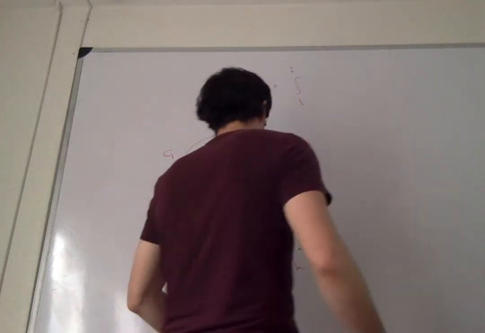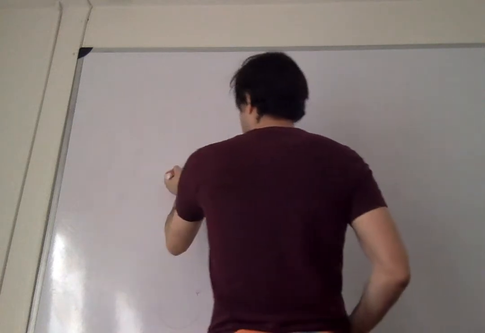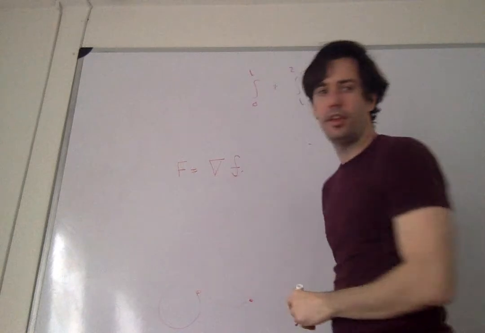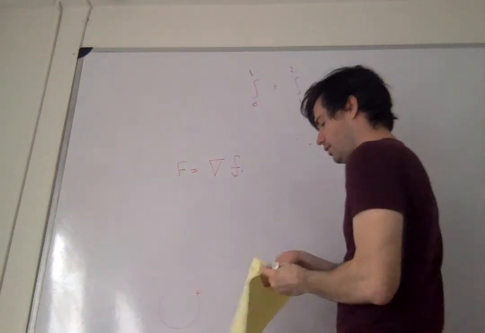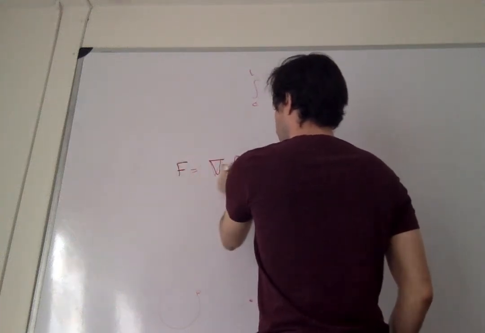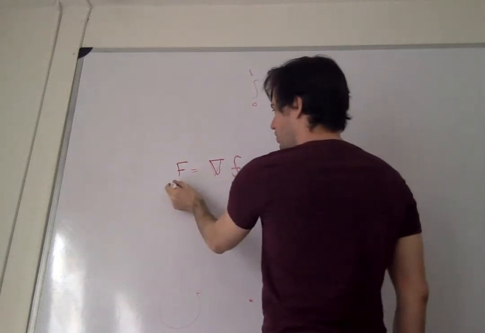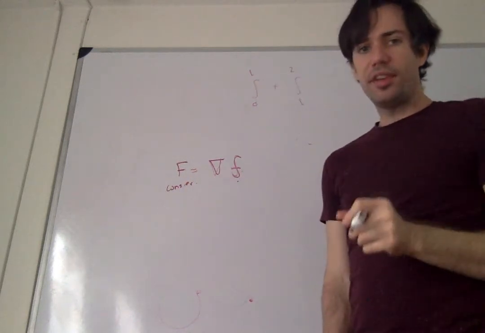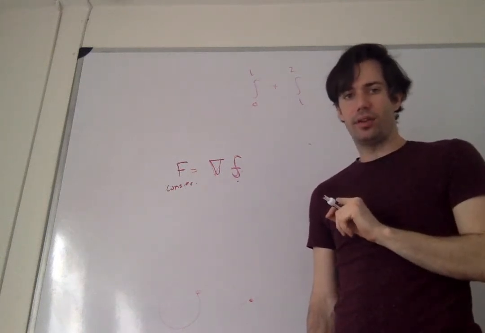Well, a conservative vector field is an F that is equal to the gradient of another function, right? So we say that capital F is equal to the derivative of its potential function. So this is a conservative vector field. Now, what I'm saying right now is that every conservative vector field is path independent.